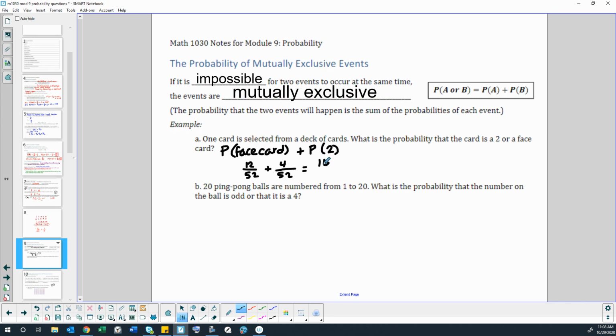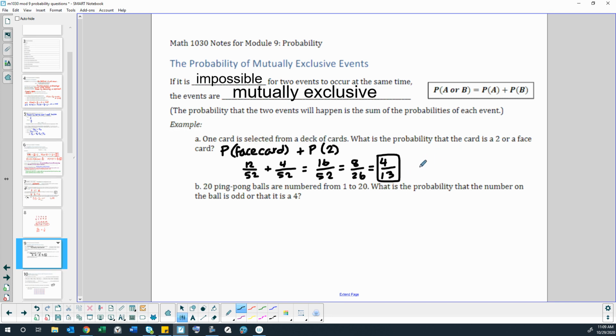So that's 16, 12 plus 4, out of 52, because we have the same denominator on both of those. Then we can reduce that to 8 over 26, which reduces further into 4 over 13. So we have a 4 over 13 chance of getting either a face card or a 2.